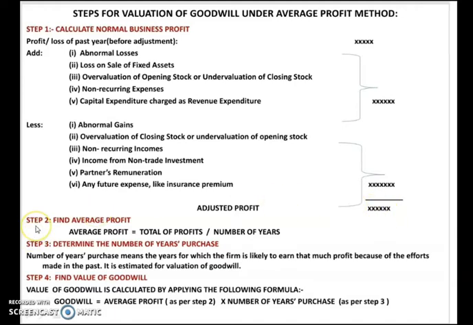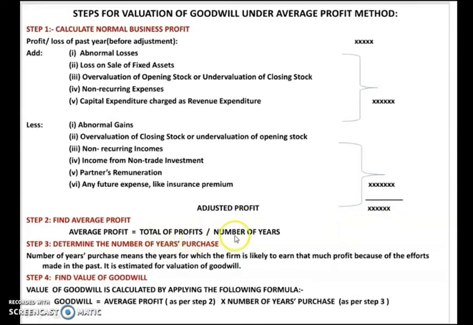Now moving to the second step, find average profit. So how to find the average profit? You have to make a total of all the profits. That is, in the question some previous year profits will be given to you. From that you have to subtract these abnormalities, and after adjusting for these abnormalities, whatever adjusted profit you get, you have to make a total of those profits.